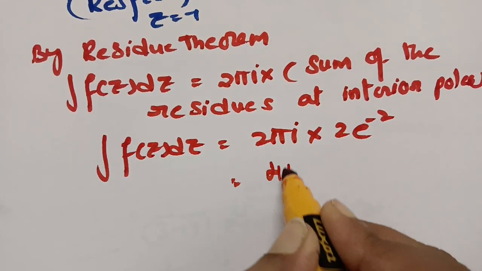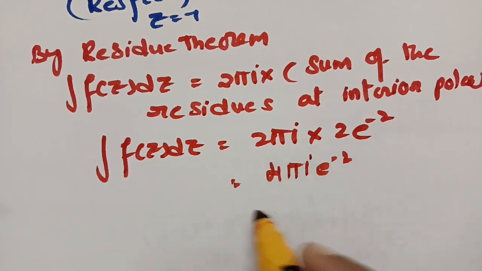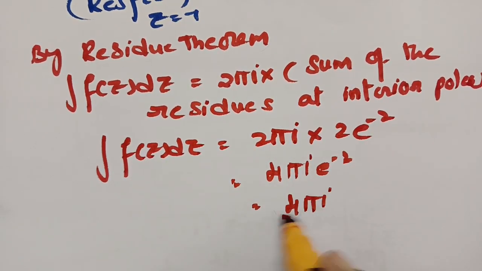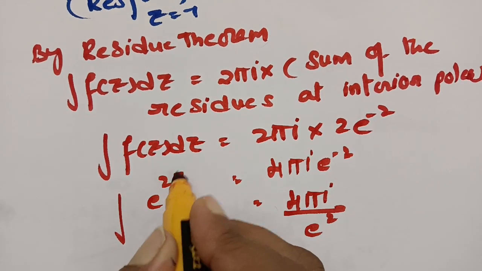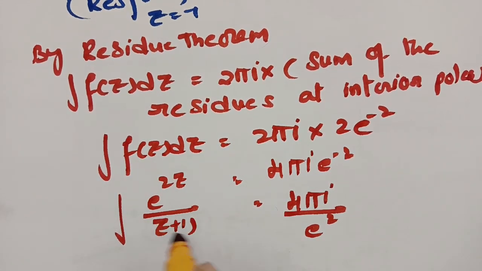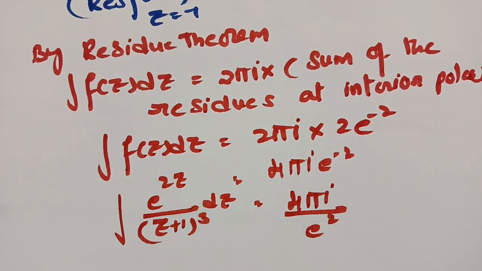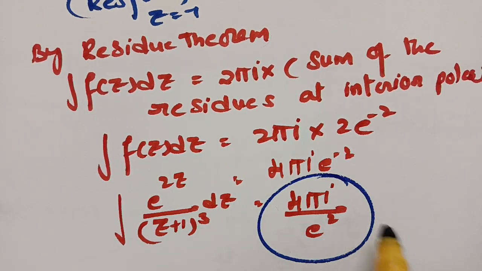So this will be 4 pi i into e power minus 2, or else this is 4 pi i by e square. So this f of z is e power 2z by z plus 1 whole cube into dz, and this is our required value, that is 4 pi i by e square.